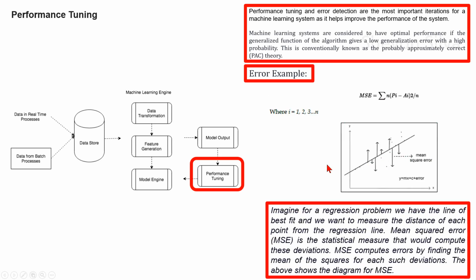As an example, we can consider mean squared error. Imagine for a regression problem we have the line of best fit and we want to measure the distance of each point from the regression line. Mean squared error, MSE, is the statistical measure that would compute these deviations.